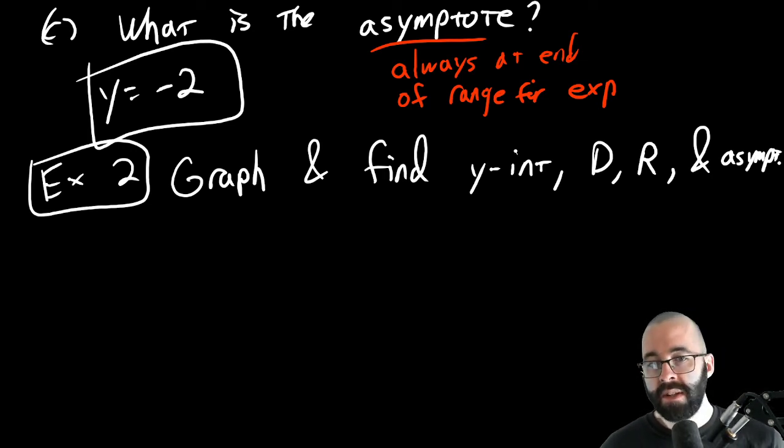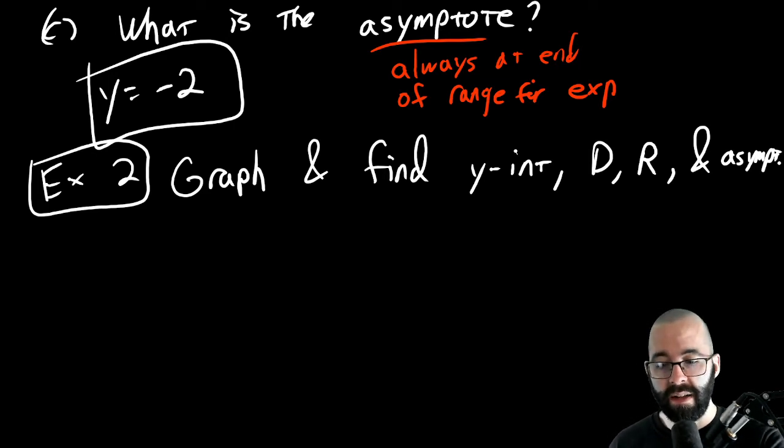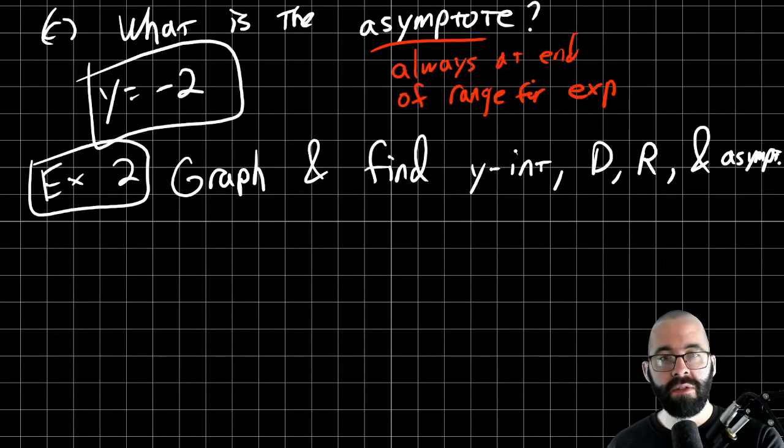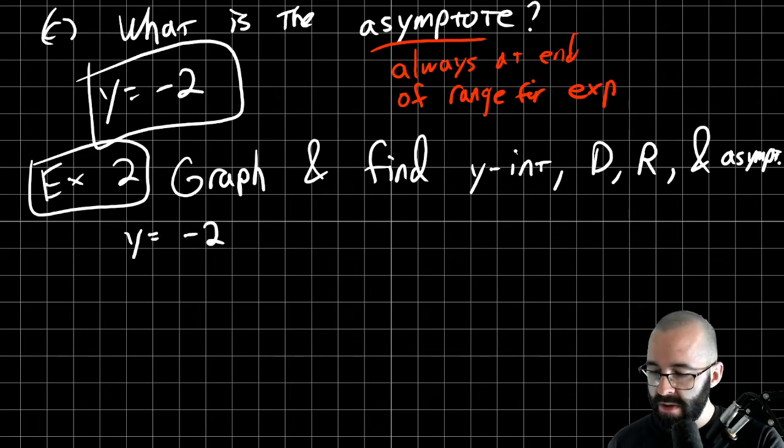I'm okay with you using Desmos, but I also need you to graph it manually as well. Being able to get the relevant information from Desmos and putting it on your own graph is really, really important. And again, our function here is going to be -2 to the x plus 1.